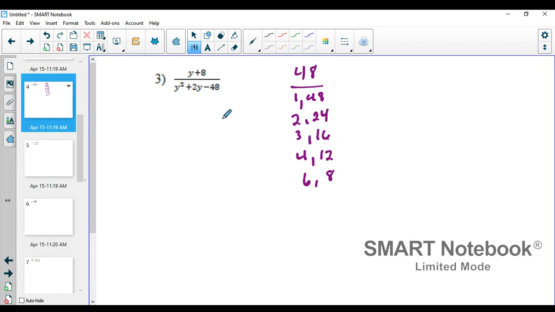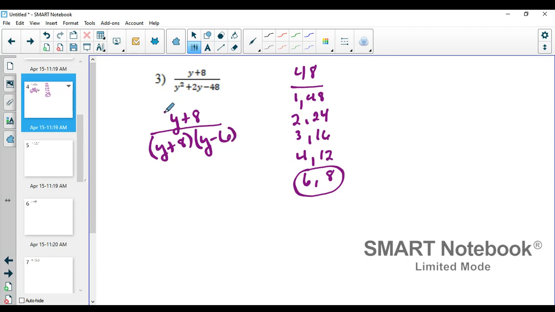And the pair of those that gets us positive 2 is 6 and 8. And because a is 1, this is just where we leave it. We don't have to divide by a or anything. So leave the y plus 8 in the numerator. And then we just have y plus 8 and y minus 6 factoring that denominator.